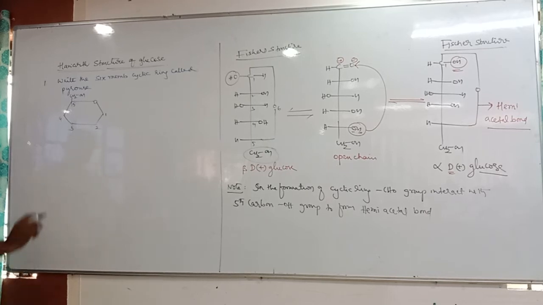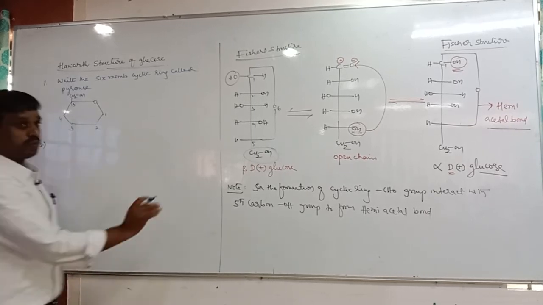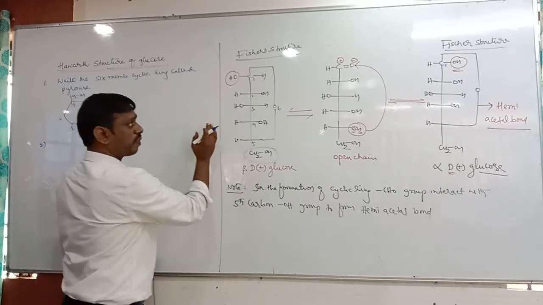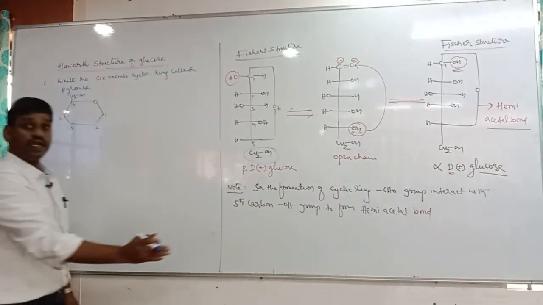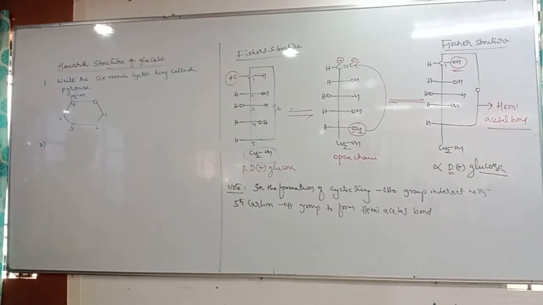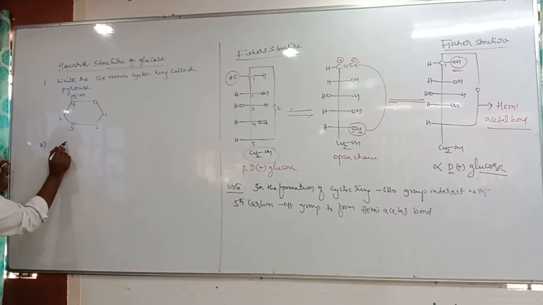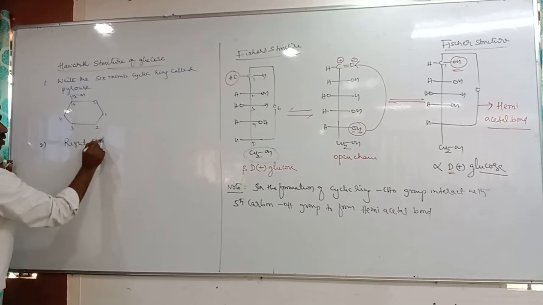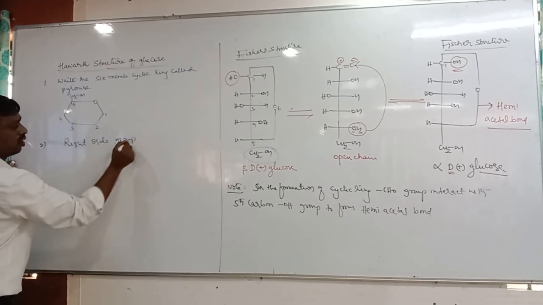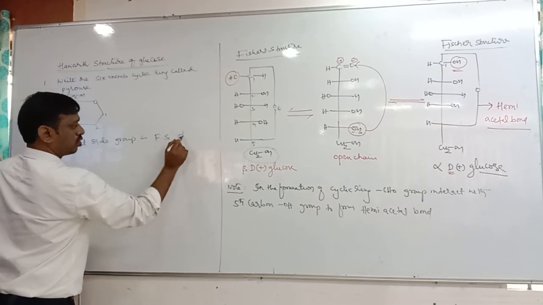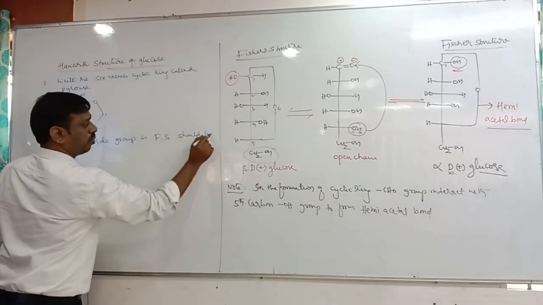Next, the second point. In the Fischer structure, the groups which are present on the right side should be written below the plane.